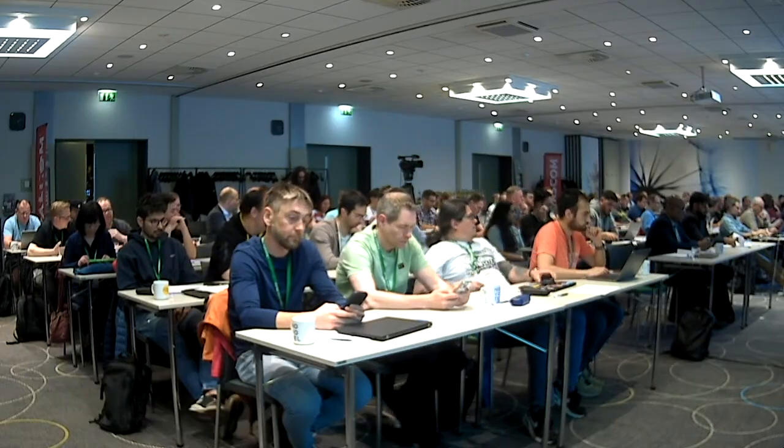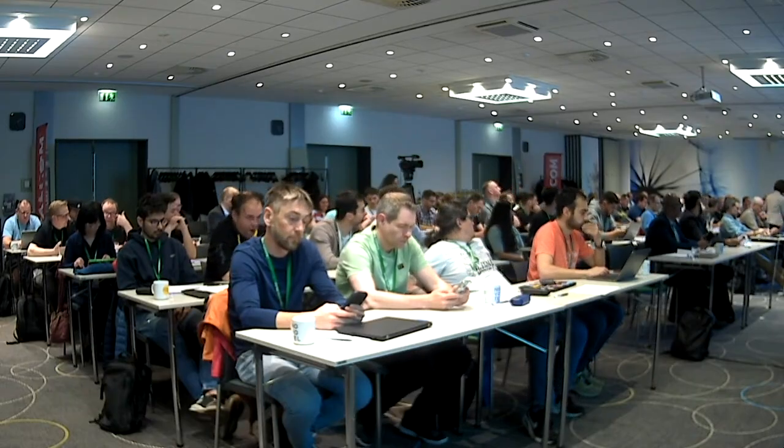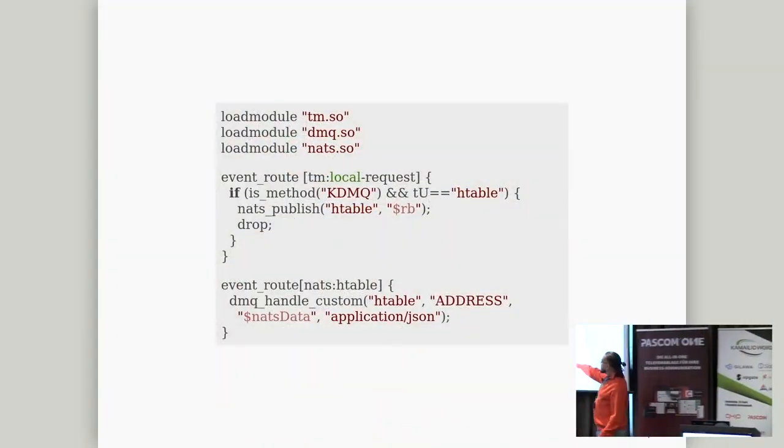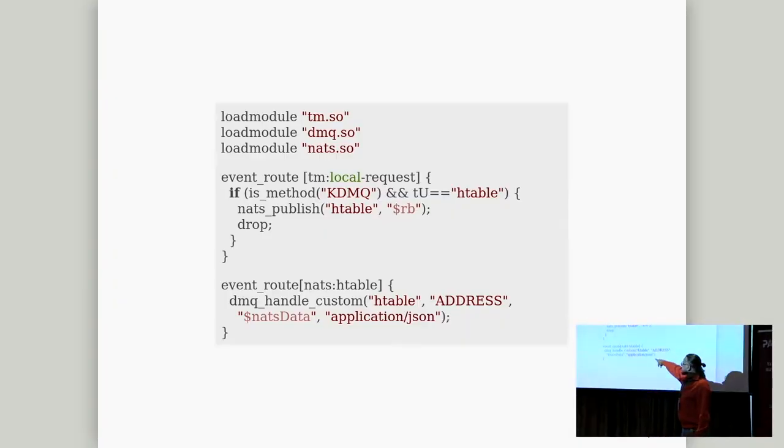You showed how you can take a KDMQ message and then turn it into a NATS message and so on. Have you given any thought to trying to do the reverse? Say, consuming events from Kafka and then turning that into DMQ? Yeah, hold on. Exactly. The NATS htable. Okay, so DMQ handle custom will take care of the reverse direction.